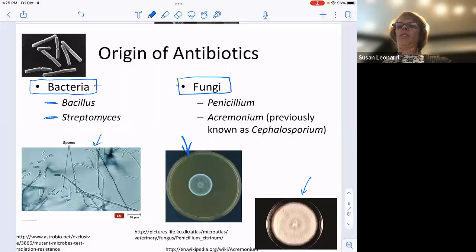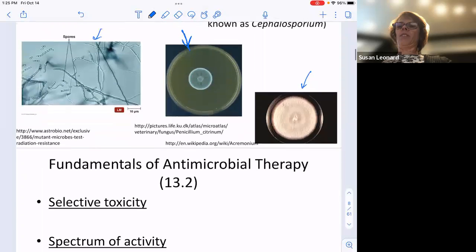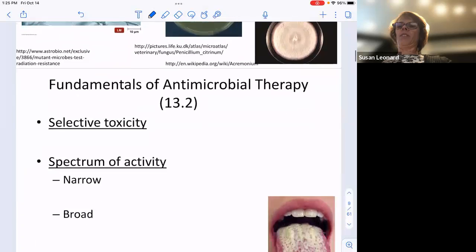We talk about that in our lab manual, and we call it the cephalosporium when actually they changed the name of that genus. So now it's acremonium, which is really confusing because we have all these antibiotics called cephalosporin antibiotics, and it makes sense that they come from a cephalosporium mold, but I'm not sure why that name was changed. But generally when molds are growing on a plate, they look kind of fuzzy and grow great big colonies like that.